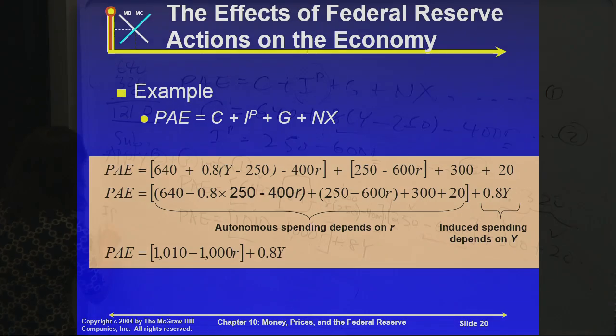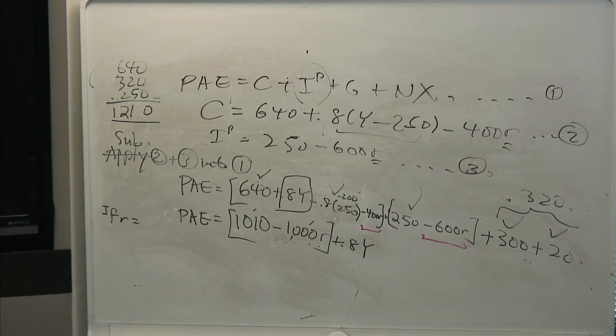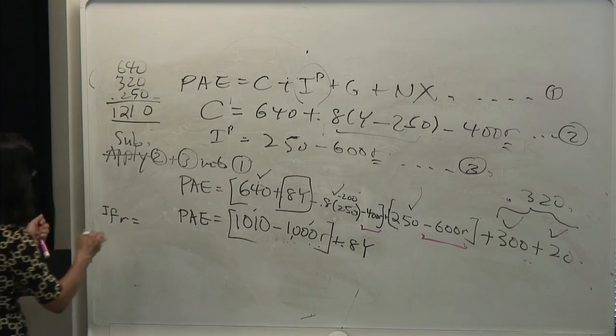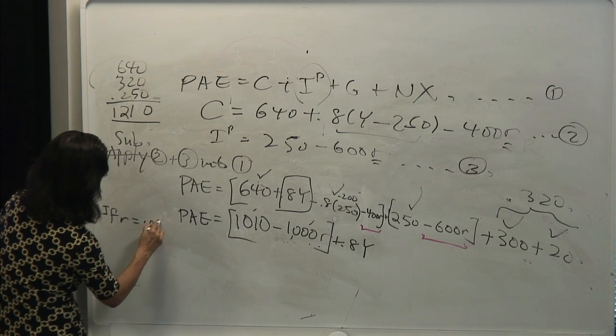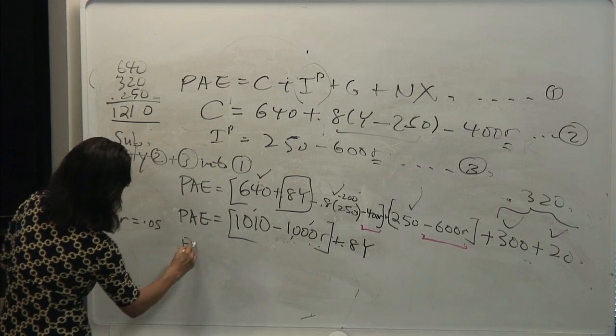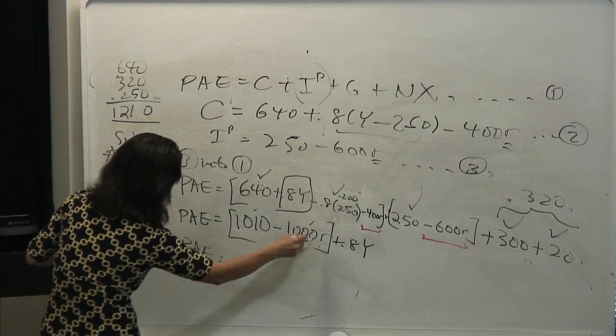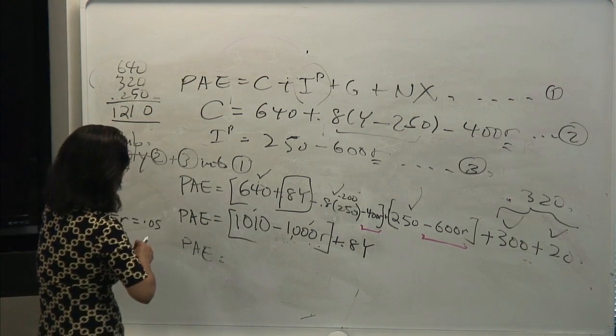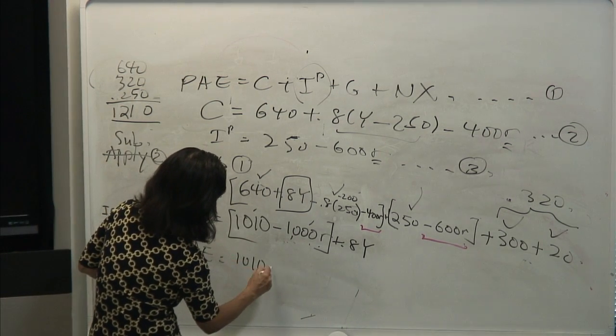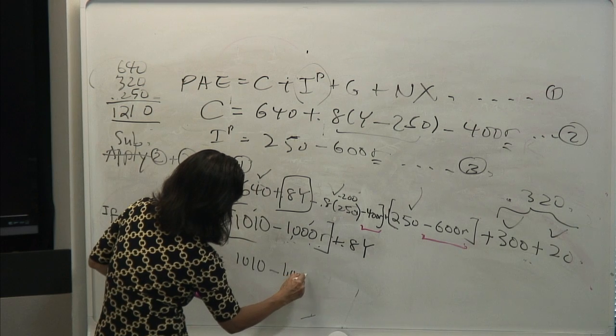And then there's one other step. You say if R equals, which is my next slide, and then I'll let you go. So if the interest rate is equal to 5%, which is 0.05, then you sub it in. Okay, if you sub it in, that will become 1010 minus 1,000 times 0.05.